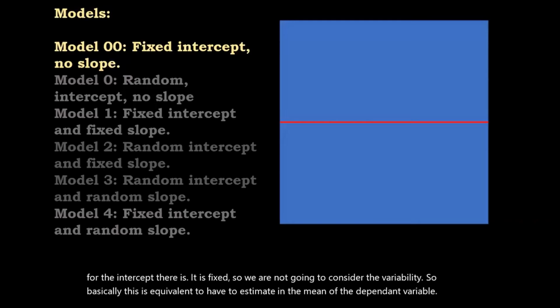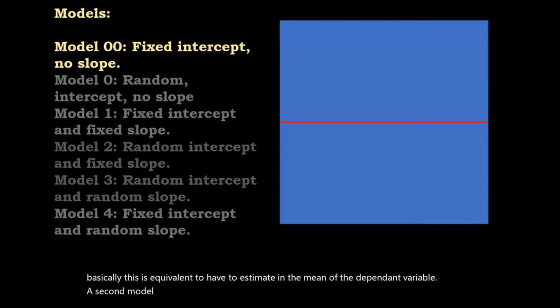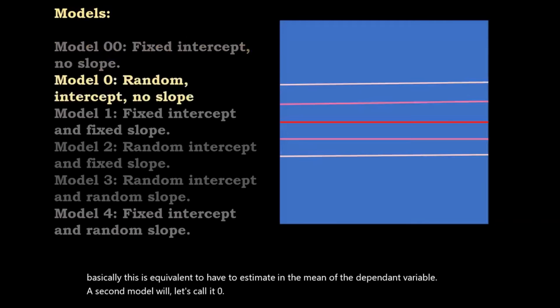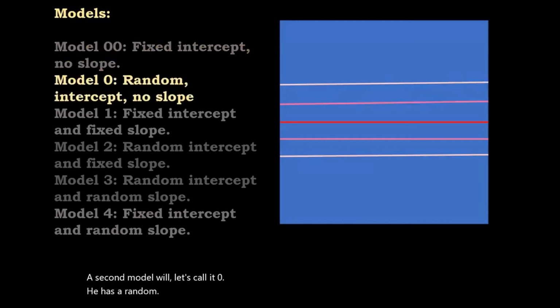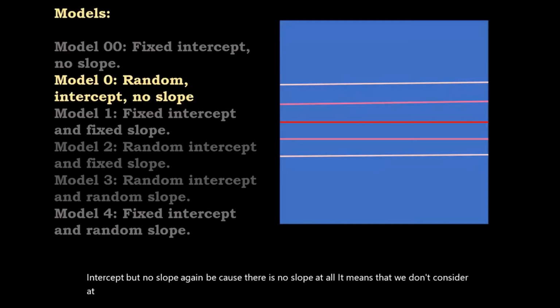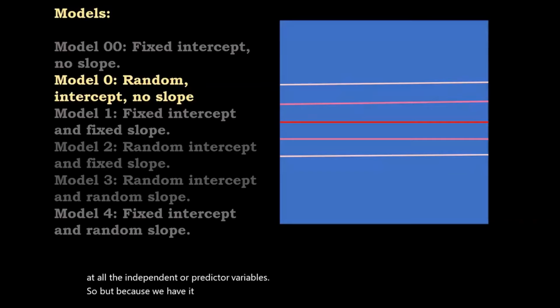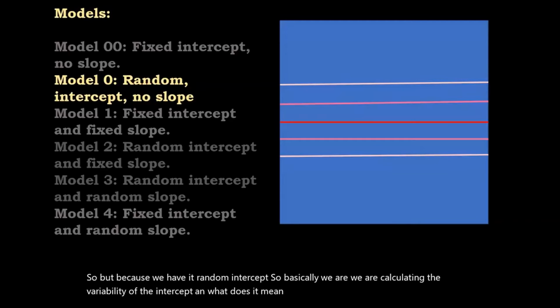A second model, let's call it model 0, has a random intercept but no slope. Again, because there is no slope at all, it means that we don't consider the independent or predictor variables. But because we have a random intercept, we are calculating the variability of the intercept. And what does it mean that we calculate the variability of the intercept?